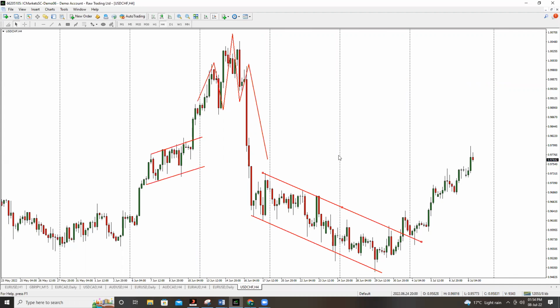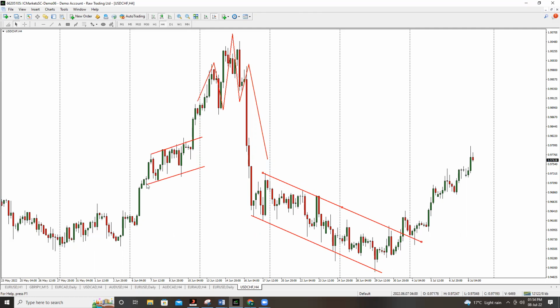So what you want to do when you get a range, or the market is going in a consolidative manner, is to have 2 points. Very important. Just join a line at 2 points at the top and 2 points at the bottom. Let it flow. Now, whatever pattern that is will be shown depending on how it shows up.